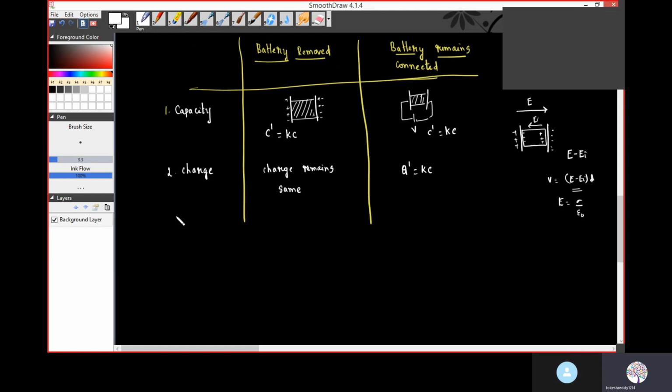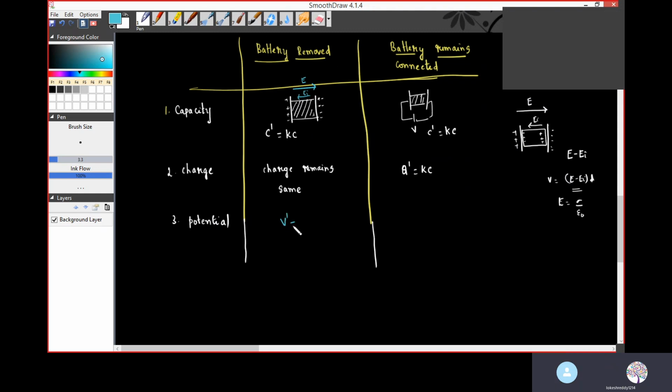Now see what happens to the potential when the battery is removed. As the electric field gets decreased, the induced electric field is in this direction, and you cannot increase the electric field here. So the electric field got decreased, and the potential will get decreased because distance D is constant.